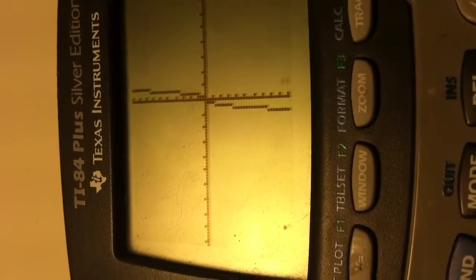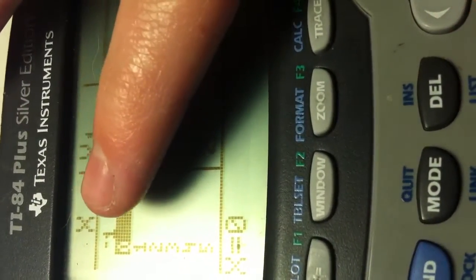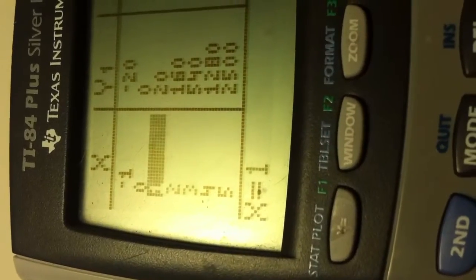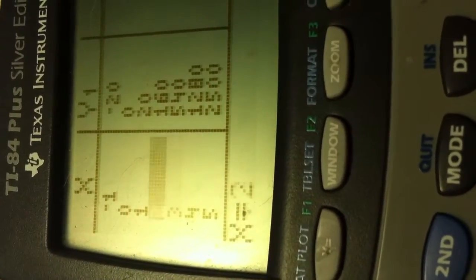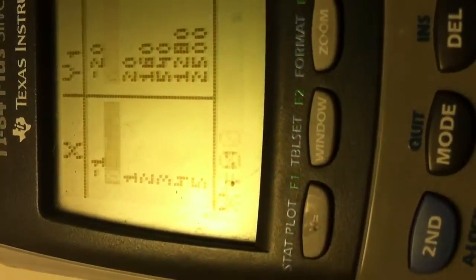To do these test values, it's easier to just make a table, wherever the critical value is. If I had a critical value like 3 and 1, then I would use 4, 2, and like negative 1 or 0, whatever's easiest for you.